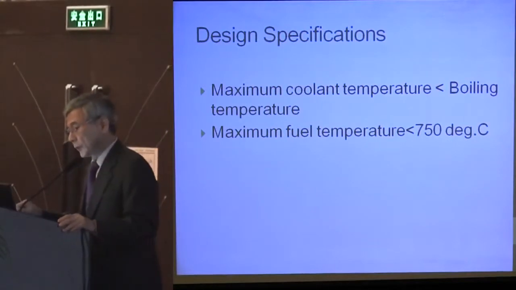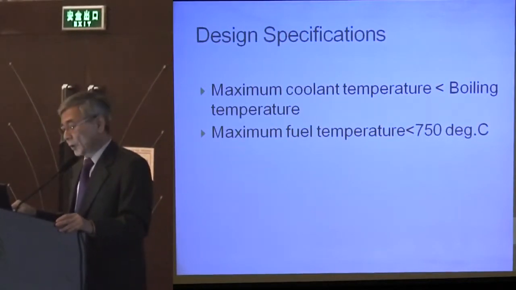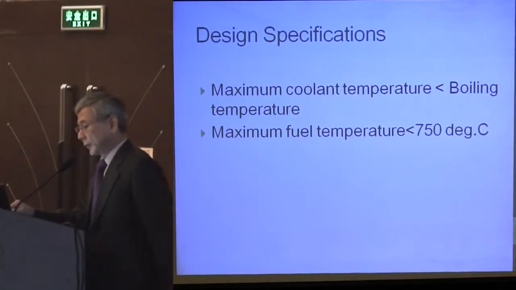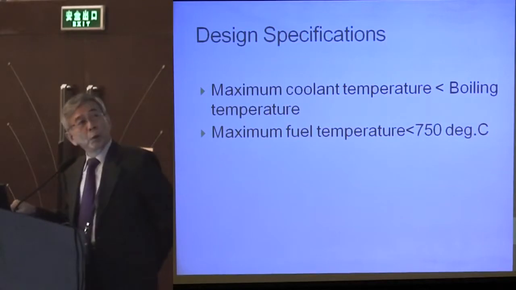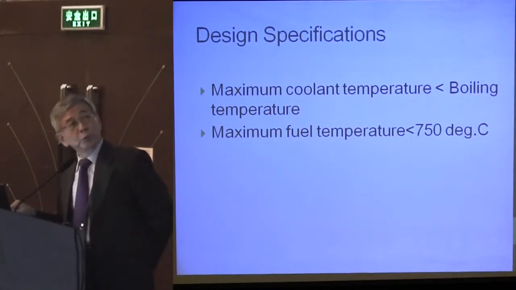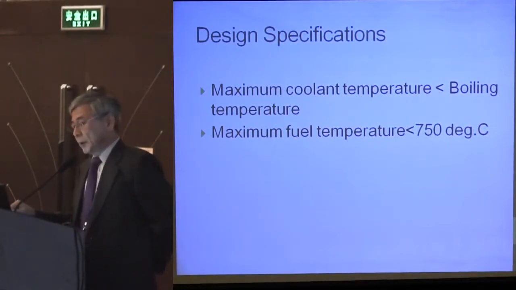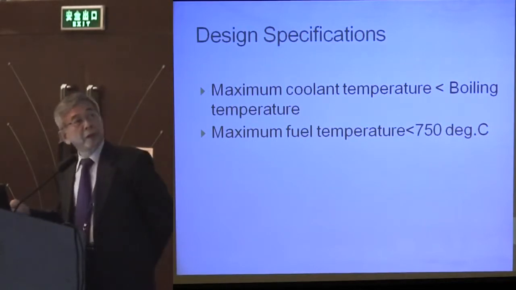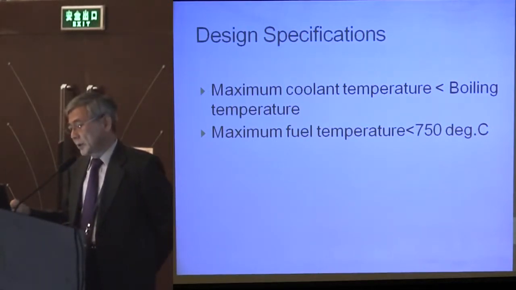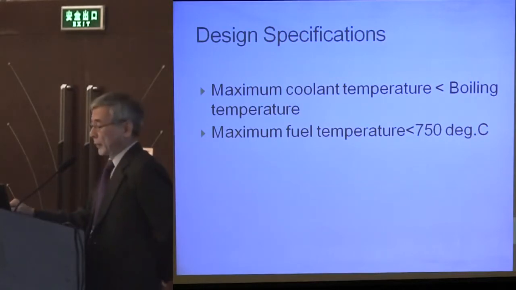What kind of specification or limitation we have to set up for the design study: we establish two specifications. One is that the maximum coolant temperature must be less than the boiling temperature.